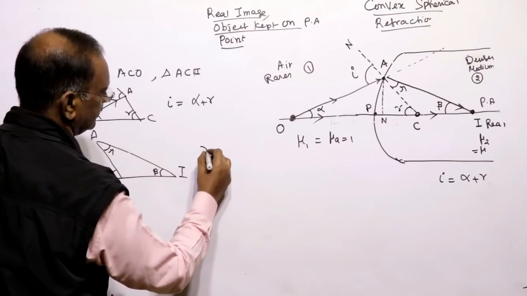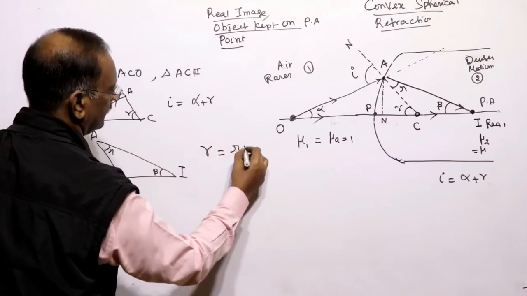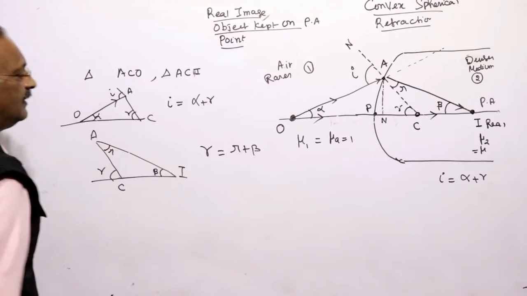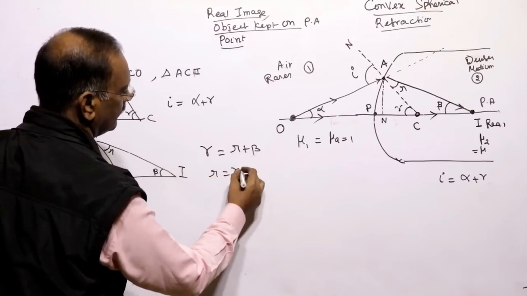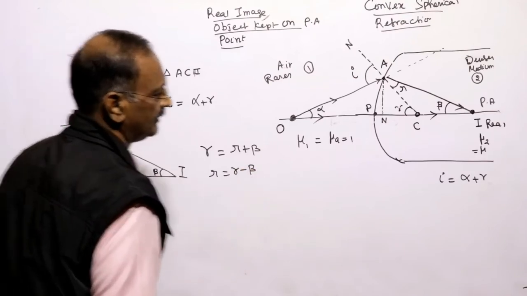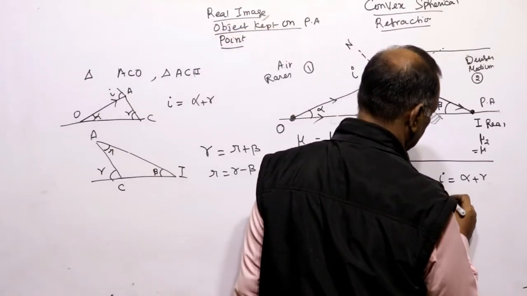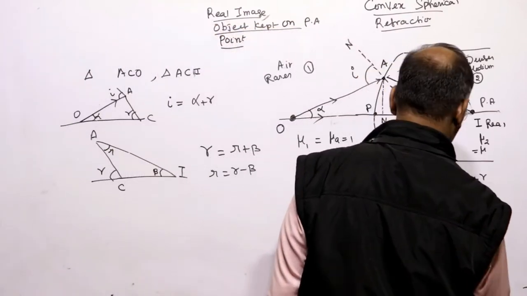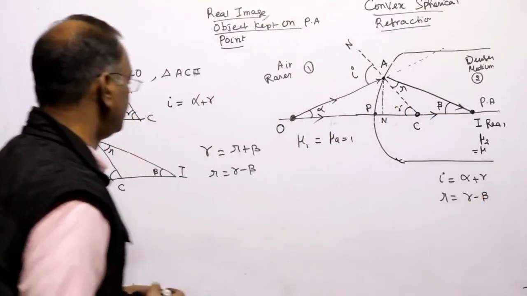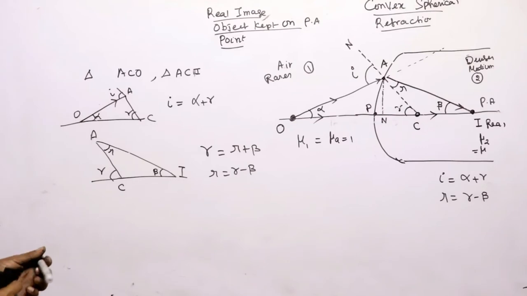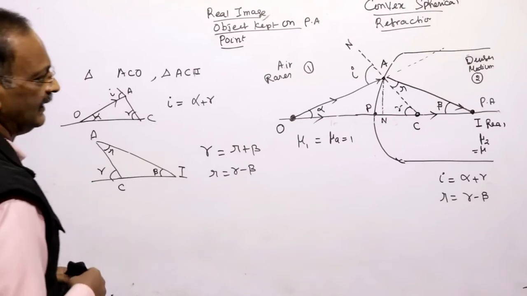Or we can write gamma is equal to R plus beta. But we want I and R. So R is equal to gamma minus beta. So therefore we can write R is equal to gamma minus beta. So two relations we have already drawn. Now we have found I and R.